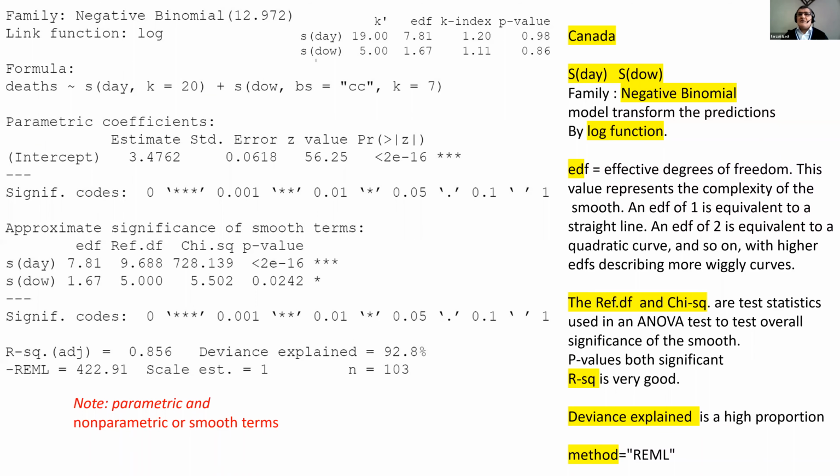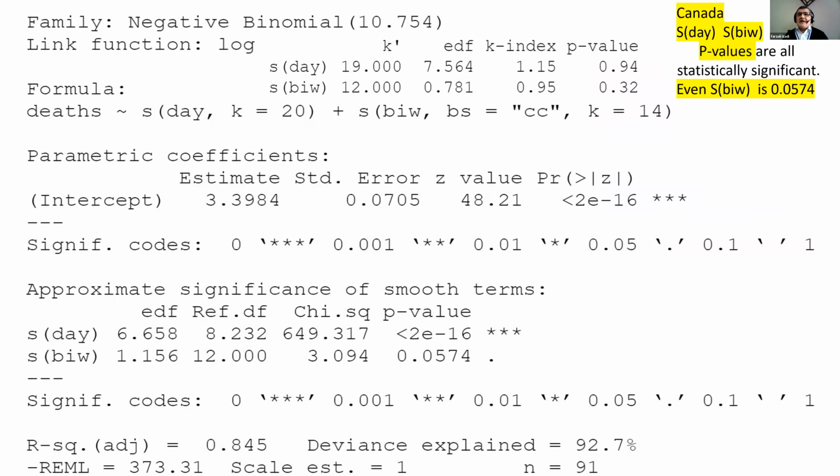And also I tried day and day of biweek. In day of biweek, we have 19 again for day, and for biweek we have 12 basis elements. And still we have 3 star significance for the intercept, and also for S day, 3 star, 100% significant.